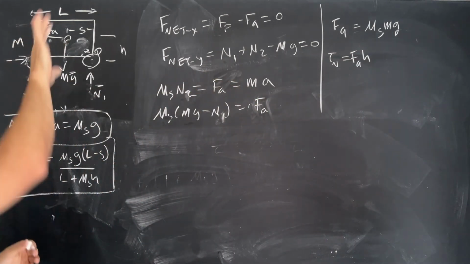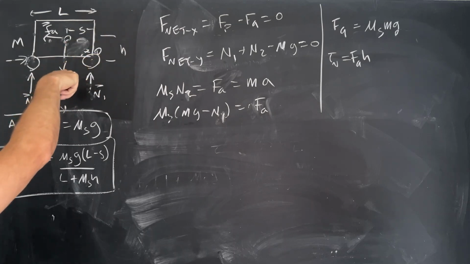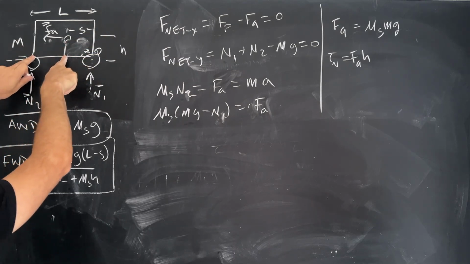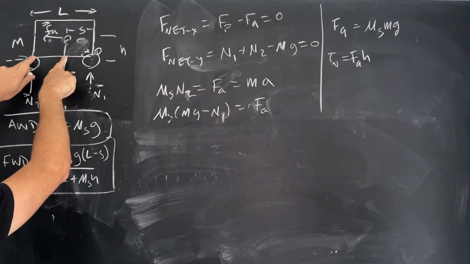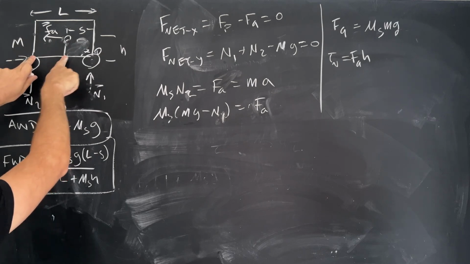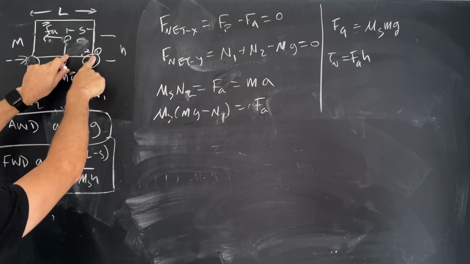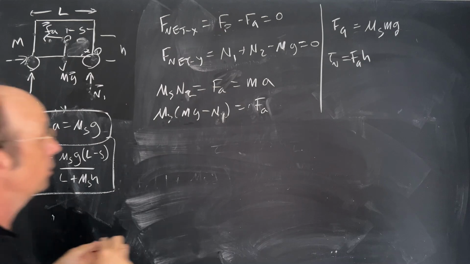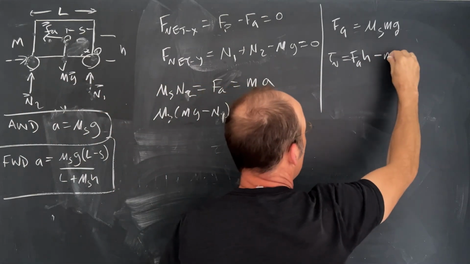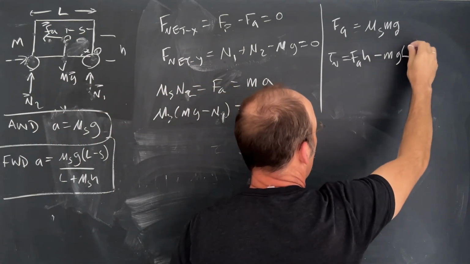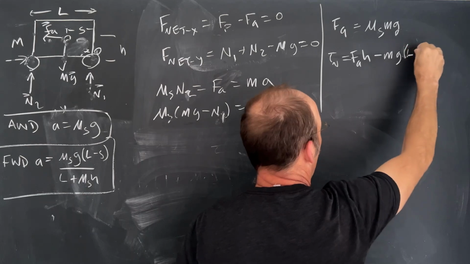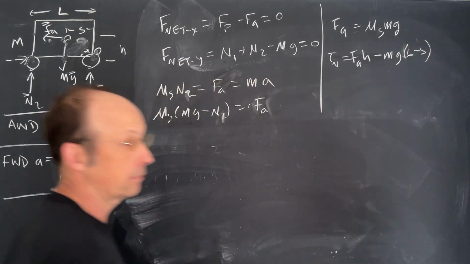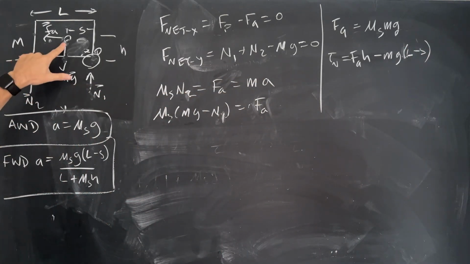This one wants to make it rotate this way, so it's going to be a negative torque. Now, that has a torque arm of L minus S, right? Because this distance is L, this distance is S. That's L minus S. So it's going to be minus mg times L minus S. Got that.